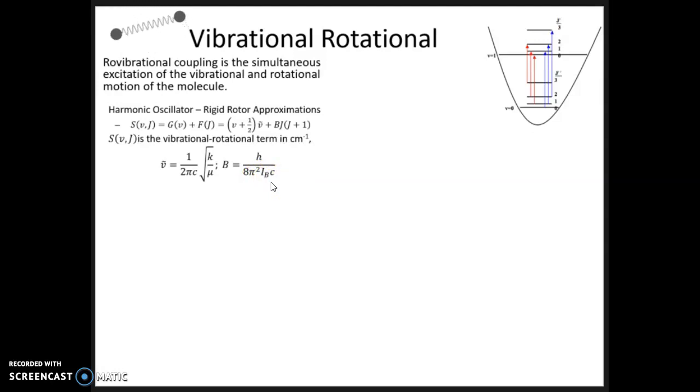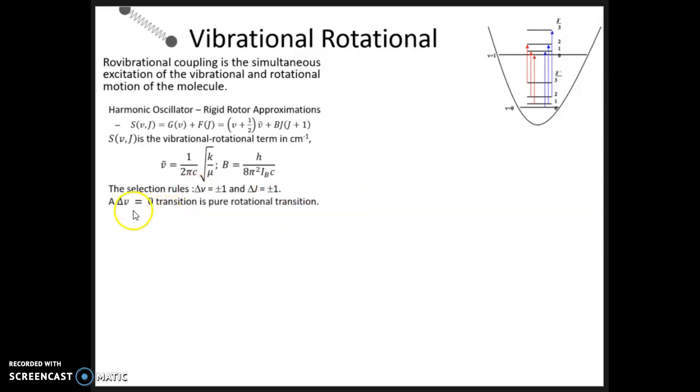The selection rules in the harmonic oscillator are that the vibrational quantum number v can change by plus or minus 1, and the rotational quantum number J can change by plus or minus 1 as well.